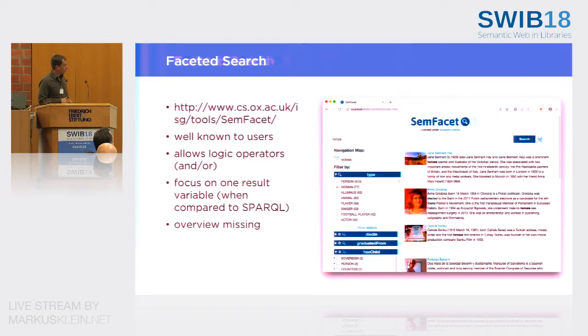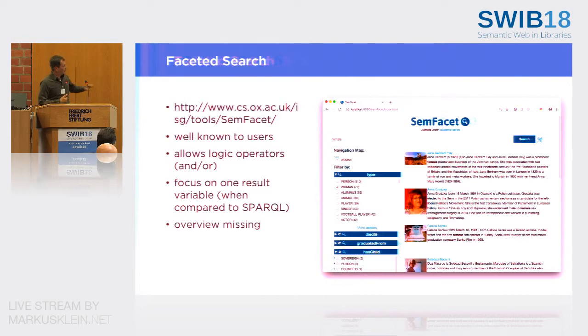And the nice thing with facets is that you can even do queries that encode logic operators. So people typically know that when they choose more than one category within one facet, then it's a logical OR, and when they choose something in a different facet, then it's a conjunction. So they implicitly know what the semantics of the queries they do is.